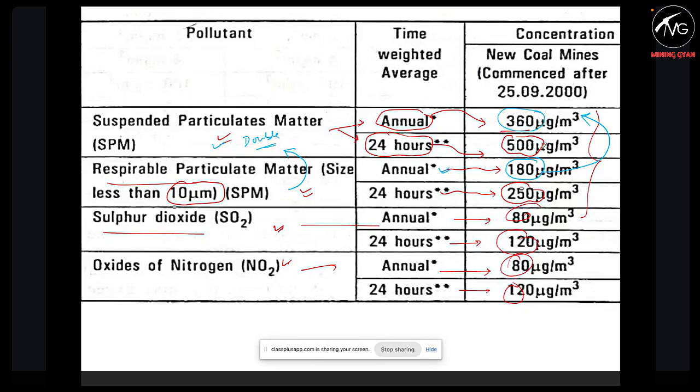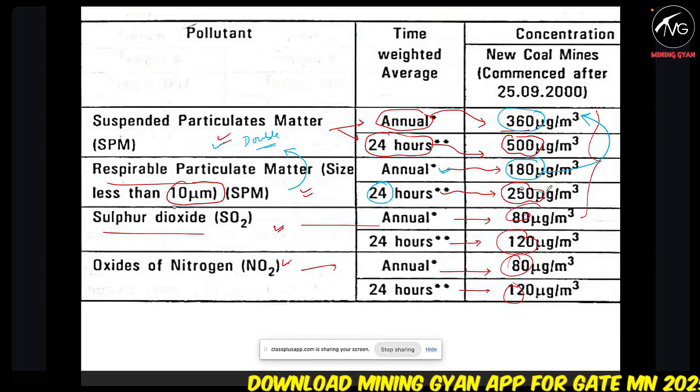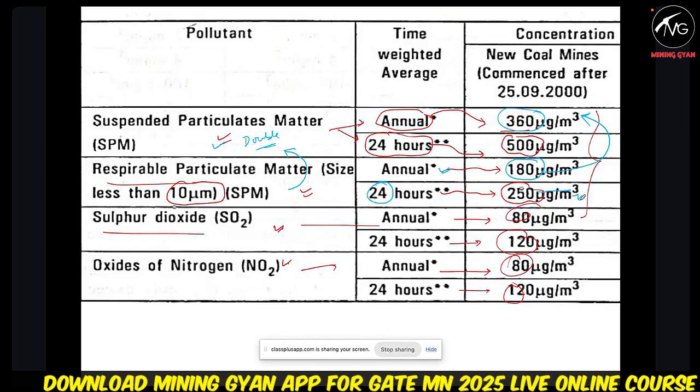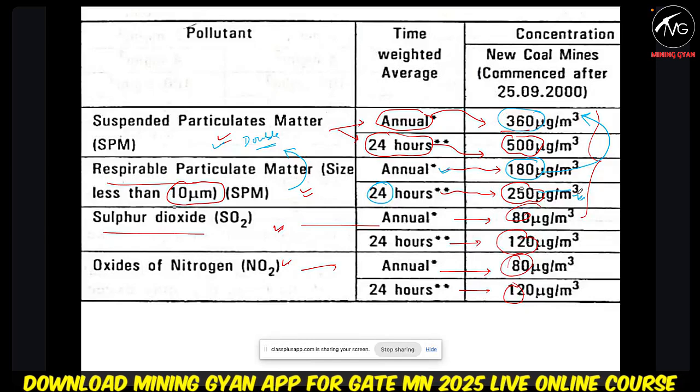It is double of the respirable particulate matter, okay? And if you are taking the 24-hour, then 250 for the respirable particulate matter, which size is less than 10 micro, and 500 is for suspended particulate matter. Okay? You have to try to remember these facts somehow, right?